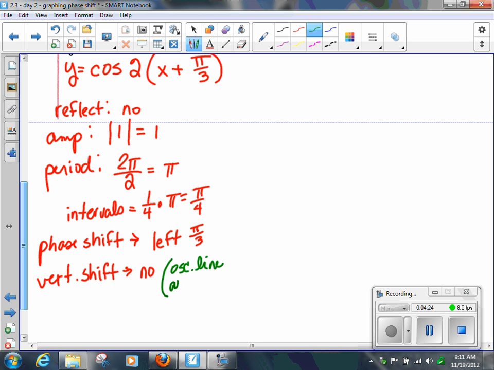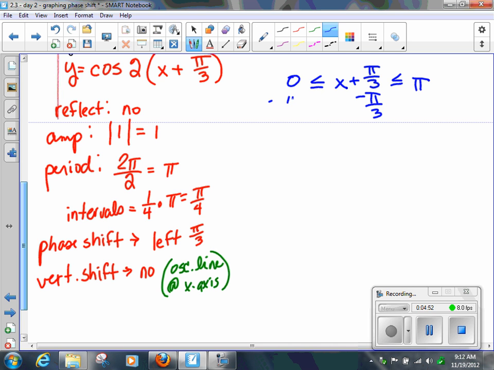The oscillation line is at the x-axis. All right, now we can graph it real quickly. Let's take our quantity: 0 is less than or equal to x plus pi over 3, less than or equal to who? Pi. Good. And then we're going to subtract pi over 3.